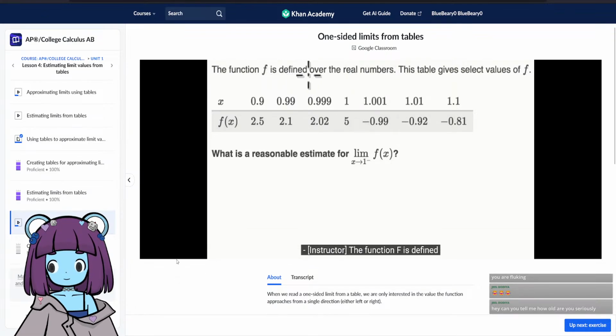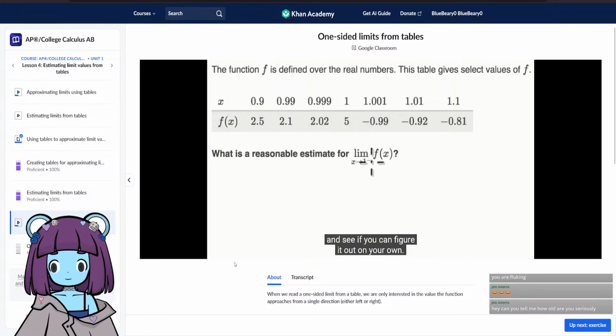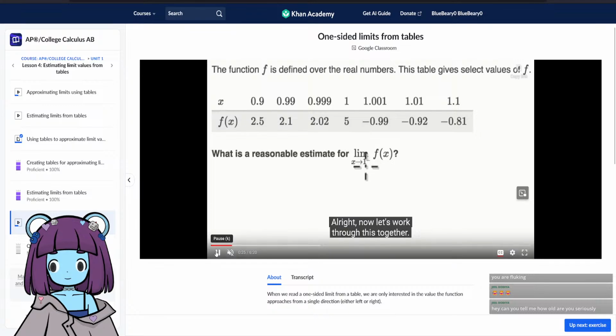Gonna read the subtitles. See if we can figure out on our own. Okay, let's pause the video then.